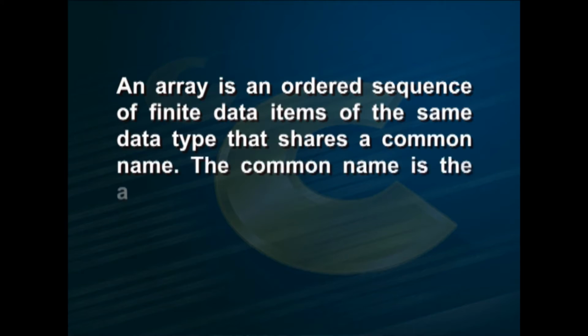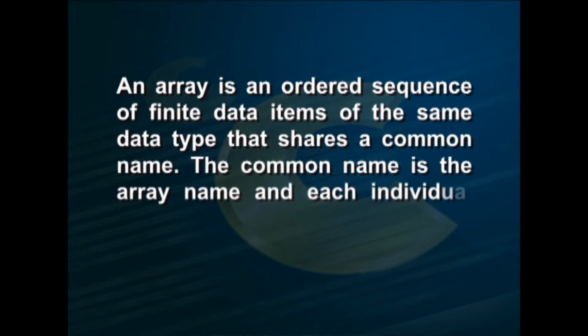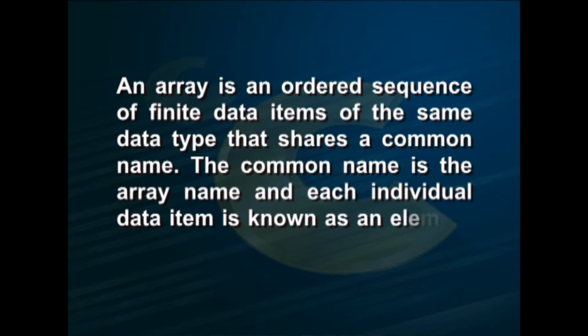The common name is the array name, and each individual data item is known as an element of the array. The ordered sequence of such finite data items could be percentage of marks of 100 students, or number of chairs in your home, or salaries of 300 employees, or ages of 25 students.